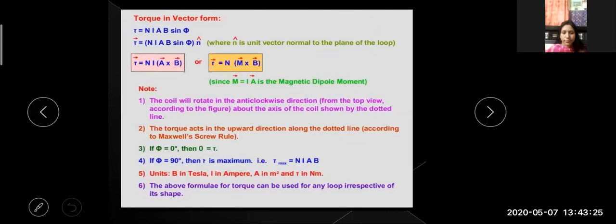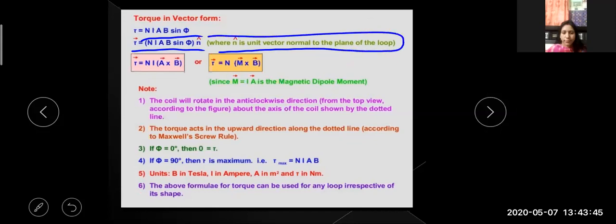The vector form of torque is given by torque equal to NIAB sin phi, as we discussed in the previous slide. So we can write torque equal to NIAB sin phi into n vector, where n unit vector is the normal to the plane of the loop.